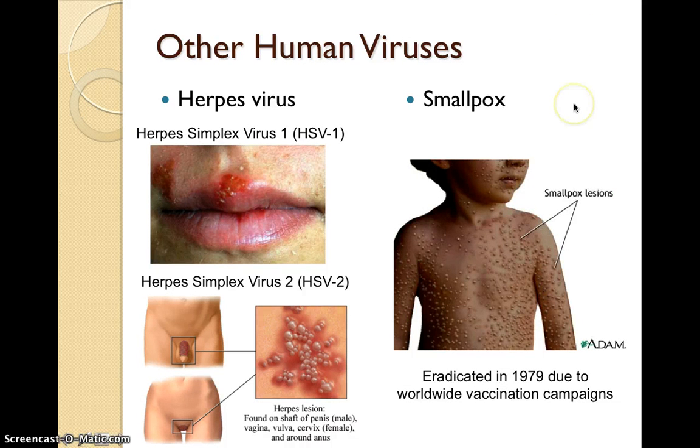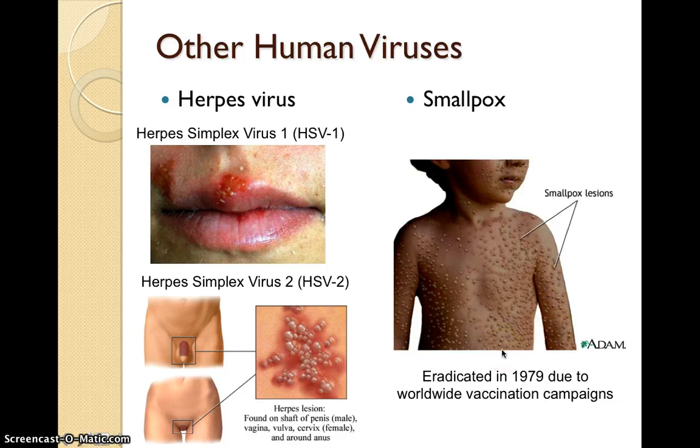Some of the other viruses: on the left-hand side, it's herpes viruses, in two different strains. This one you can see from the mouth, and this one you can see from the genitalia, and they have very similar symptoms. However, there are two different types of herpes viruses. On the right-hand side, we have the smallpox virus.